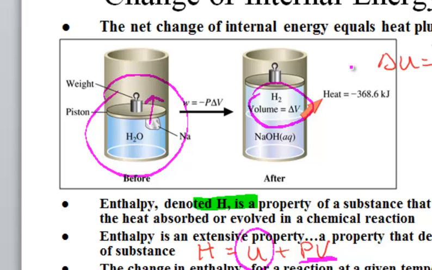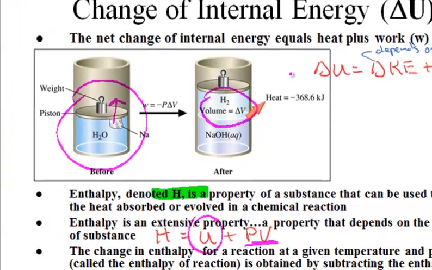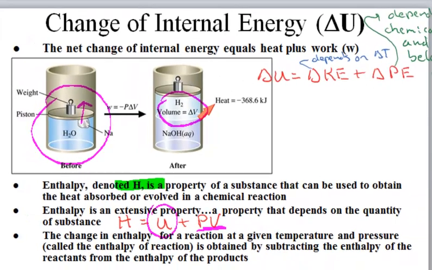We'll see that later, spring quarter, but the pressure and volume is related to how much work can be done. That volume expansion can do work. So H, what does it have? It has kinetic energy, it has potential energy, and it has work that's part of its expression.